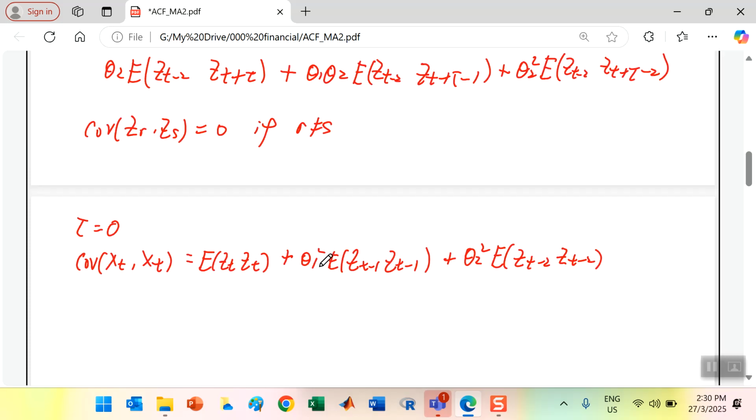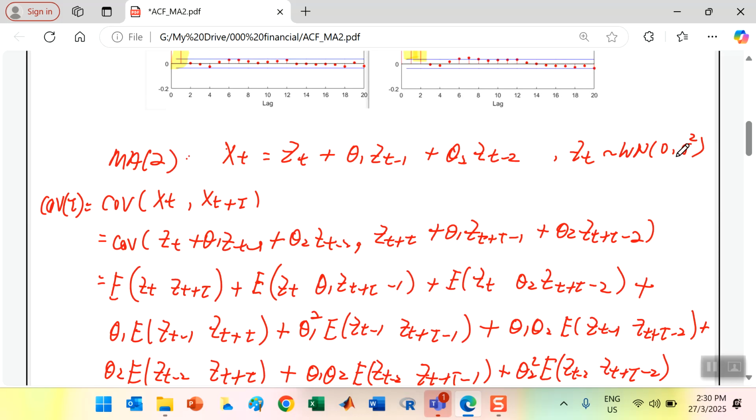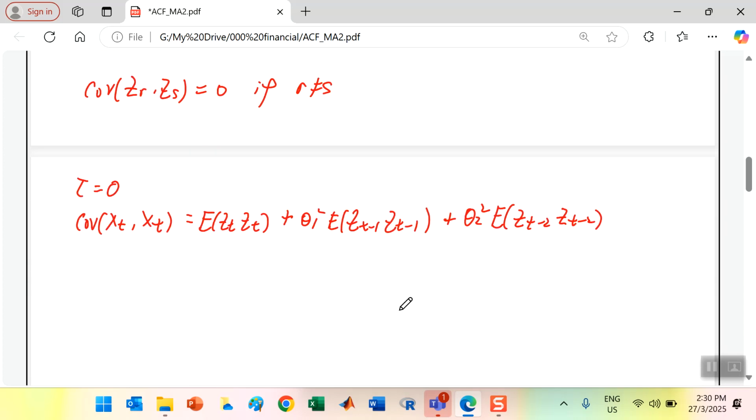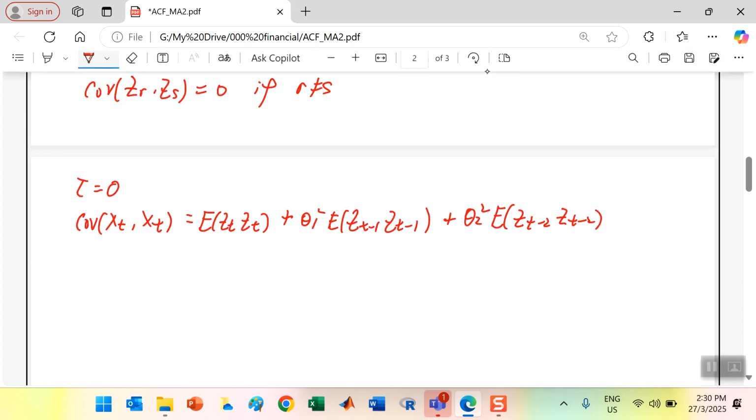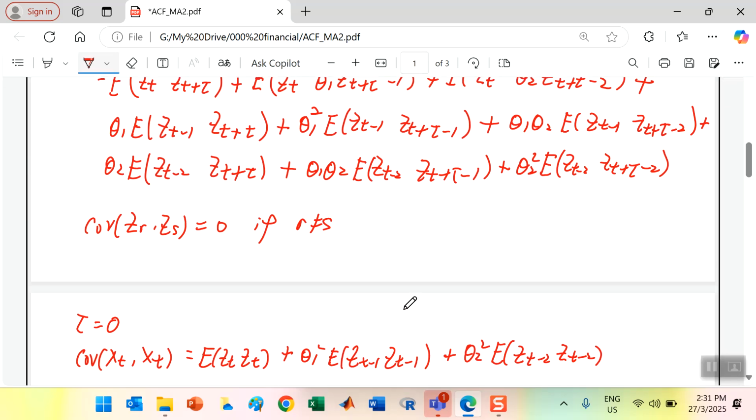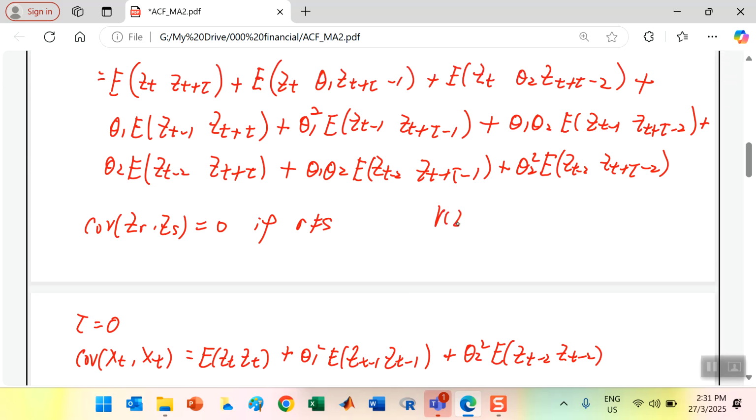So we know that the variance of zt is what? Variance of zt is sigma squared. Why? Because the variance of zt is e of zt squared minus e of zt, the whole thing squared.